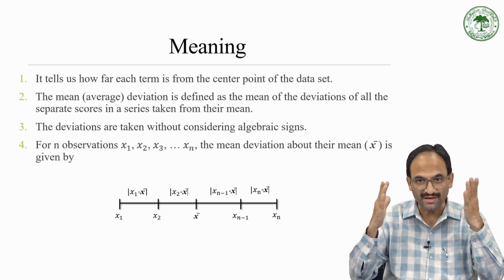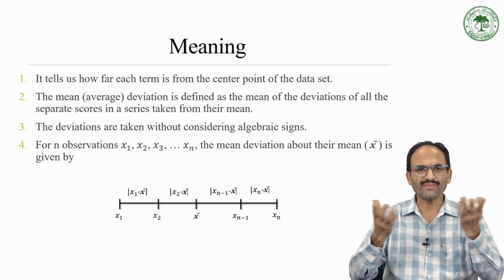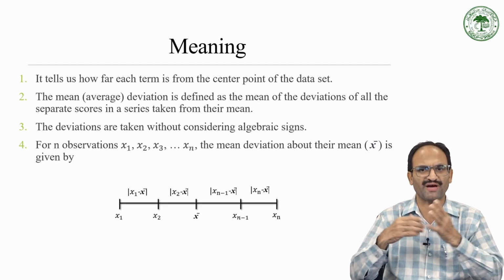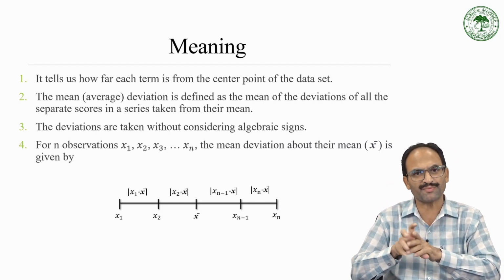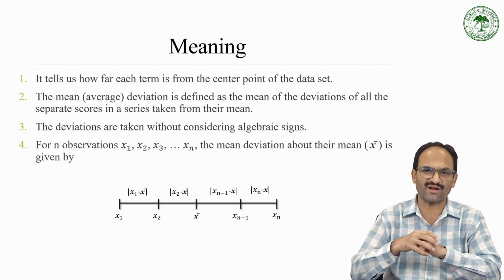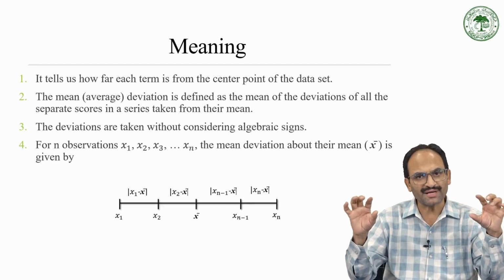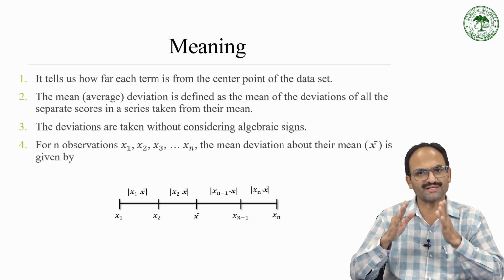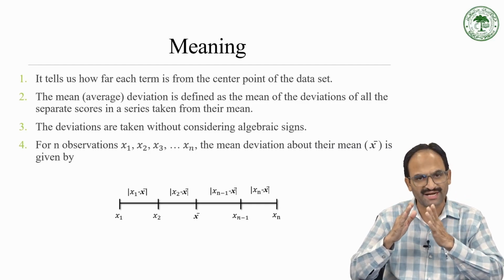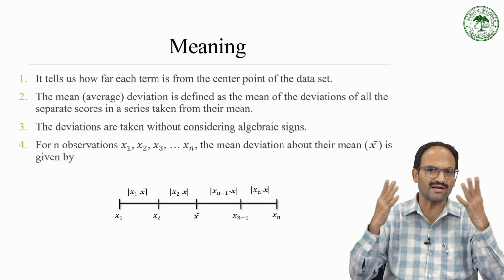Coming to the second point, the mean or average deviation is defined as the mean of the deviations of all the separate scores in a series taken from their mean. So we see the data set, we calculate the mean, then we see how far every number is from the mean, that is, we subtract the mean from every number, find the sum and divide it by the total number.